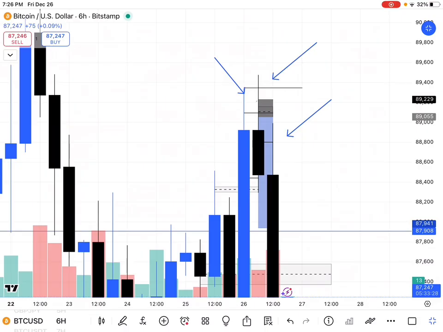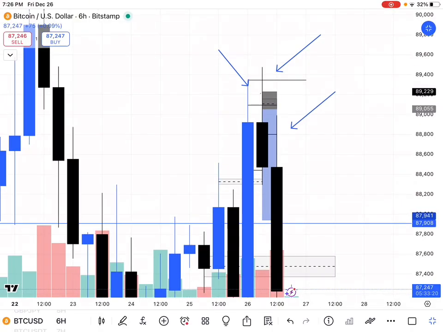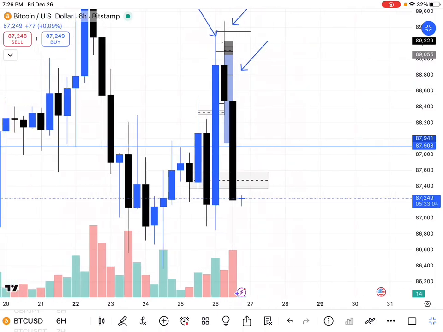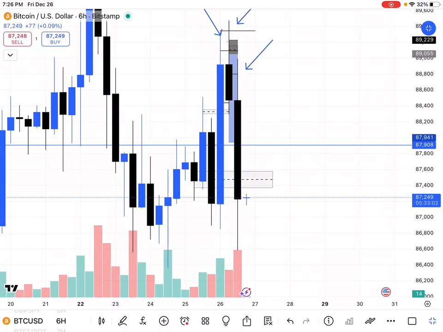Since this is our accumulation, you wait for price, which is the second candle, to sweep above the accumulation candle and wait for it to close bearish. You understand? You wait for it to close bearish. You can't just see a sweep and enter right there. No, you wait for this candle to show you a bearish direction. If it's bullish, you wait for it to show you a bullish direction before you enter the trade.